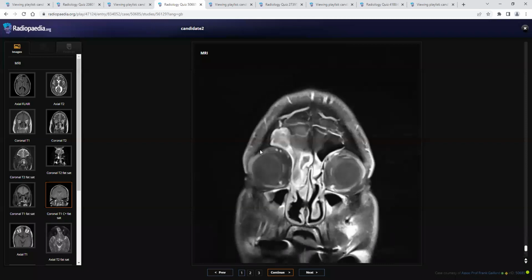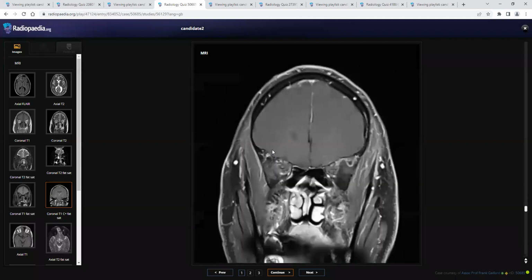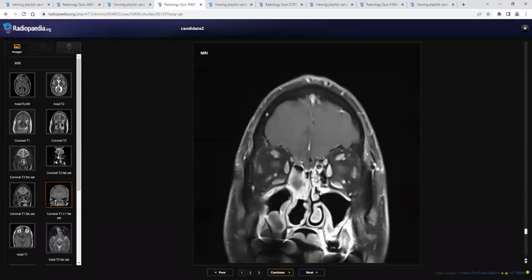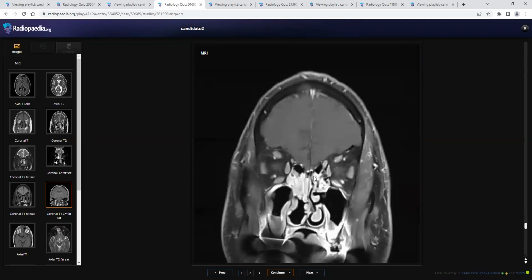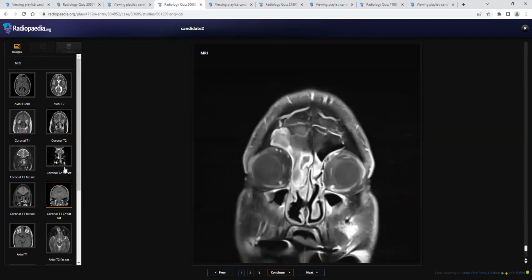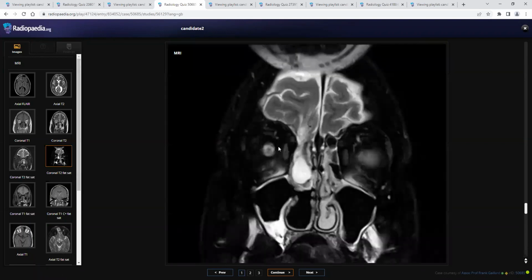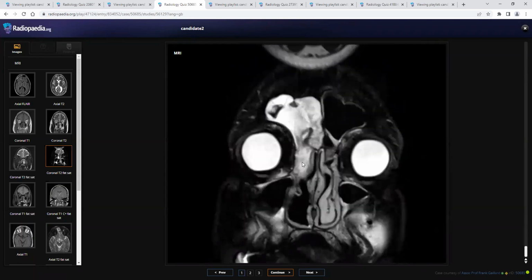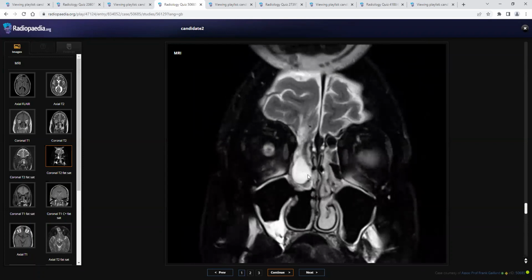Okay, so there is communication between the CSF space in the anterior cranial fossa and the nasal cavity, with the CSF seen within the right upper part.